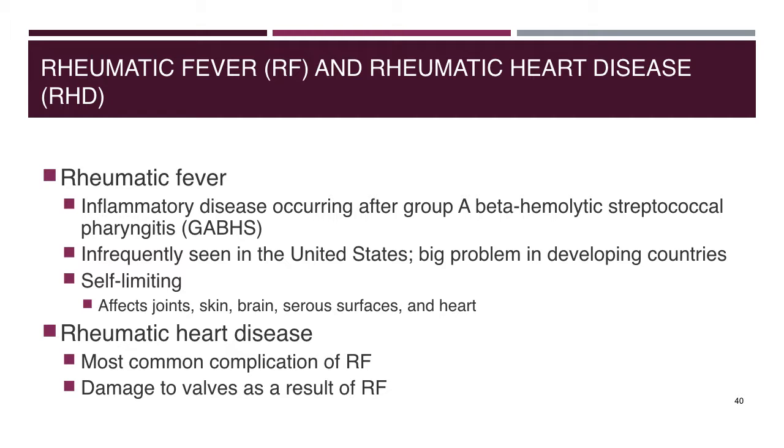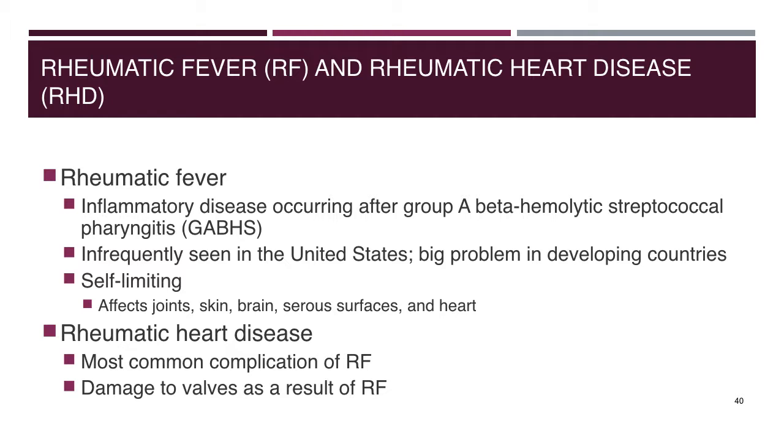Rheumatic fever is usually self-limiting, but it does affect the joints, the skin, the brain, the serous surfaces, and the heart. Rheumatic heart disease is the most common complication of rheumatic fever.